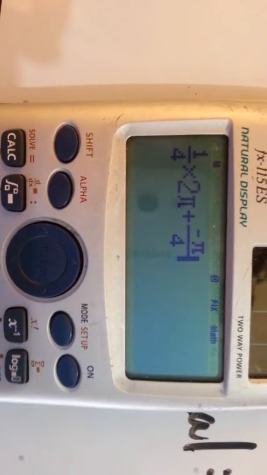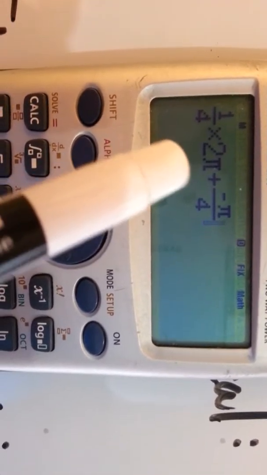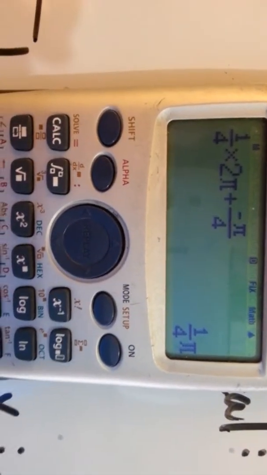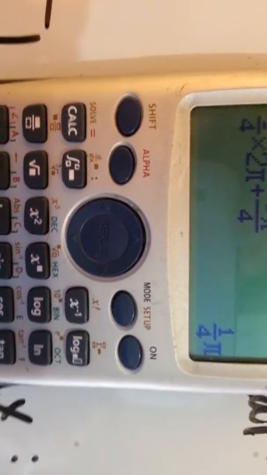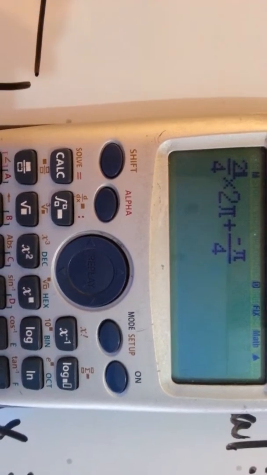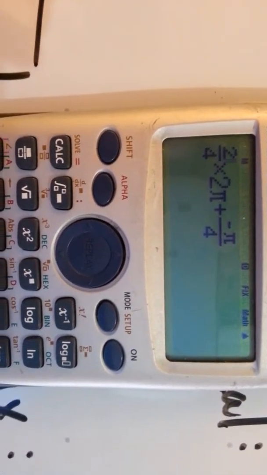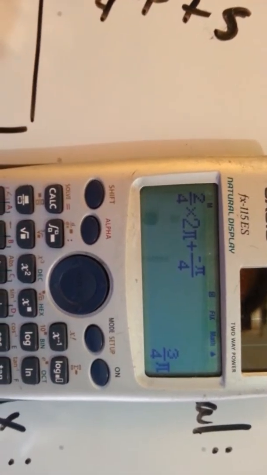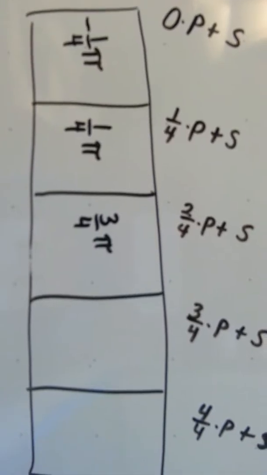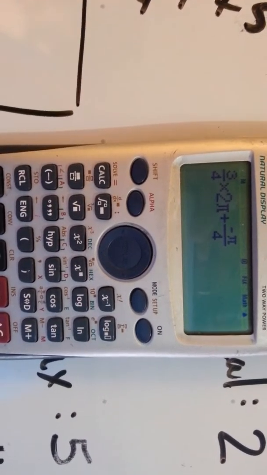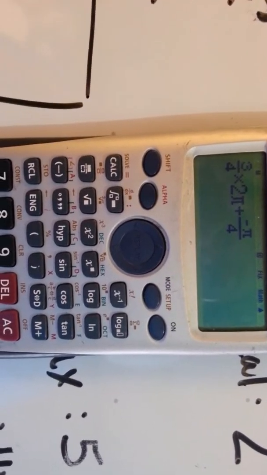This is the second calculation. 1/4 times the period plus the phase shift. Press enter and we get positive 1/4 pi. Next calculation, 2/4 times the period plus the phase shift. And we get 3/4 pi. Alright, the next calculation is 3/4 times the period plus the phase shift.